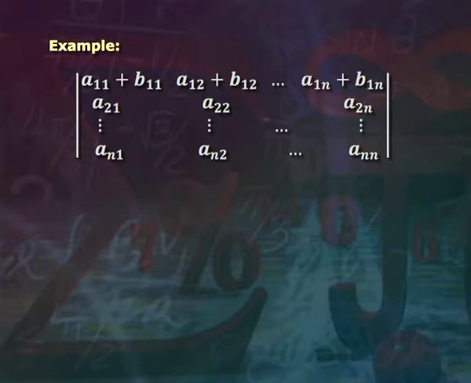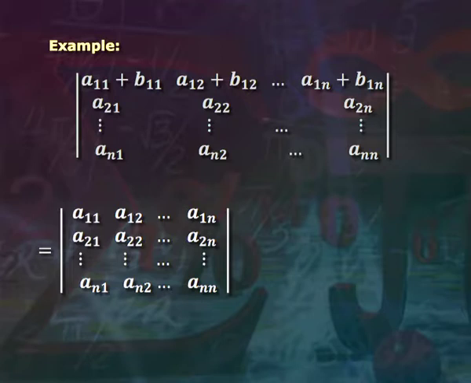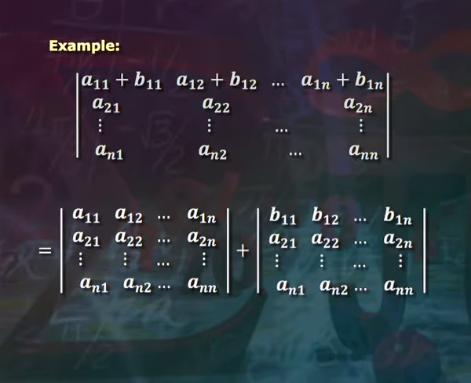As for example, determinant of [a11 plus b11, a12 plus b12, up to a1n plus b1n, and so on, the last row is an1, an2 up to ann] will be equal to determinant of [a11, a12 up to a1n, up to an1, an2, ann] plus determinant of [b11, b12 up to b1n, and the last row is an1, an2 up to ann].